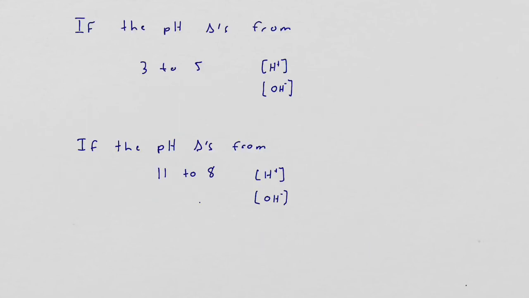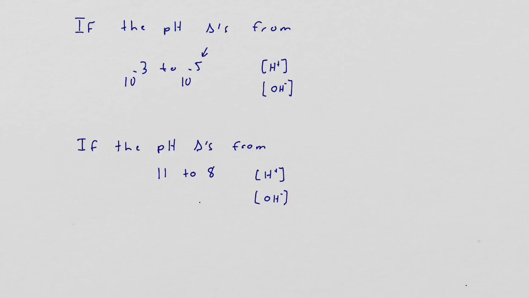So for example, what would happen if the pH changes from 3 to 5? Now make sure that when you increase the pH, it's becoming less acidic. We know that, right? And really what it's saying to you is the H plus concentration is going from 10 to the minus 3 to 10 to the minus 5. So what's happening to the hydrogen ion concentration? Well, this is obviously smaller.